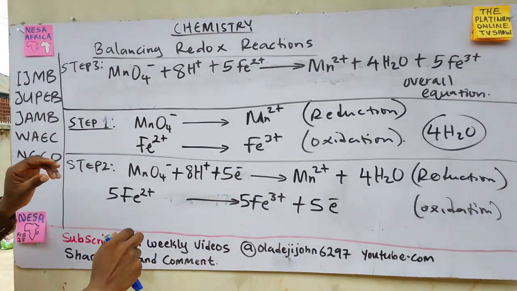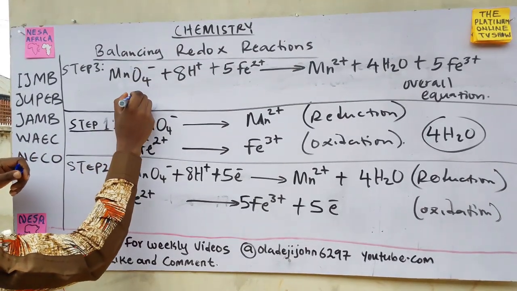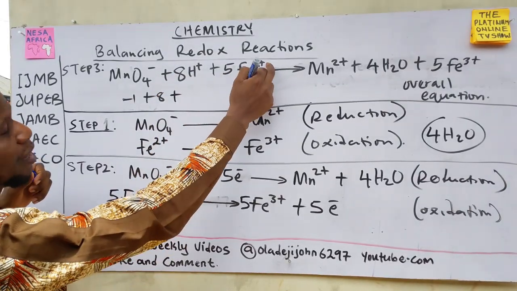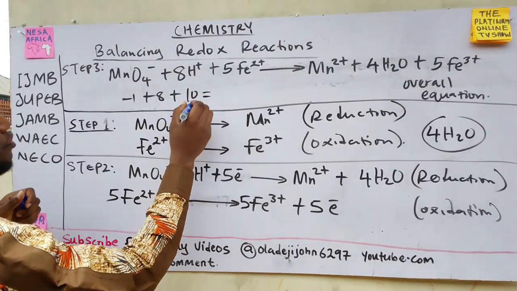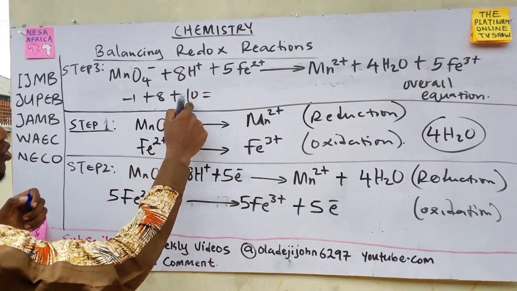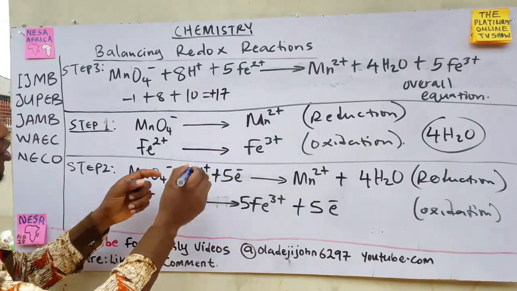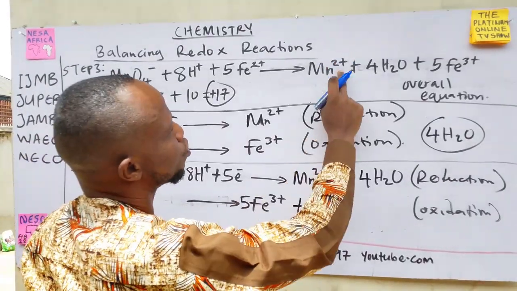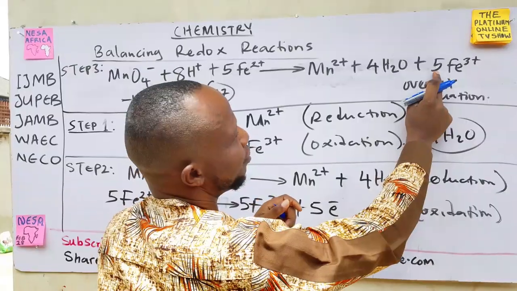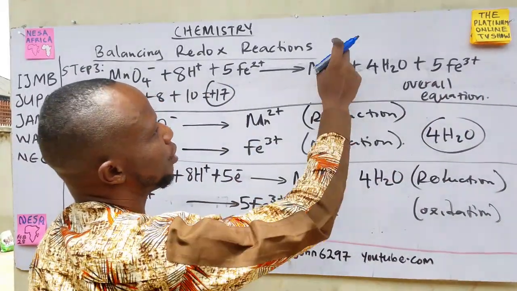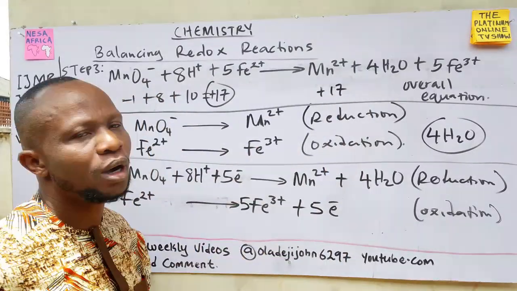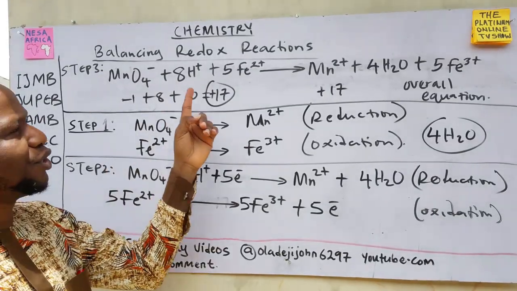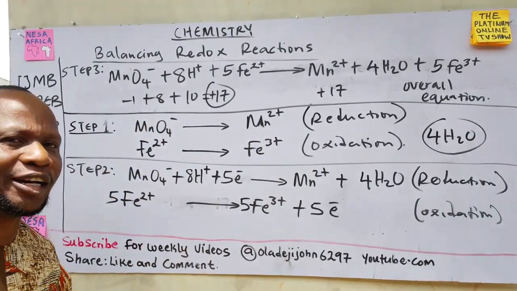Now the charge: we have -1 plus 8 plus 5 times 2, that's 10. This gives us +7 plus 10, that's +17. So the charge on this side is +17. Let's see if we have the same on this side: +2, plus 5 times +3, that's +15, plus 2, so we have +17. So our equation is balanced, and this is how we go about balancing a redox reaction in an acidified medium.